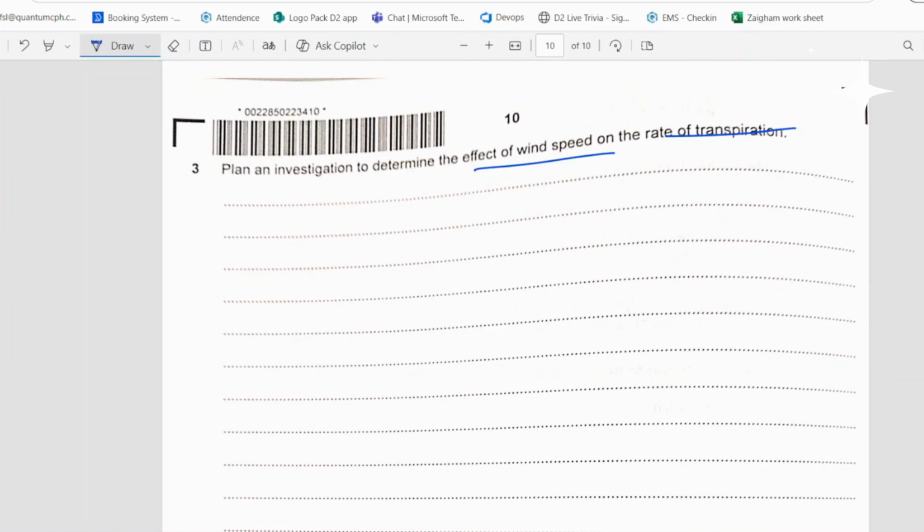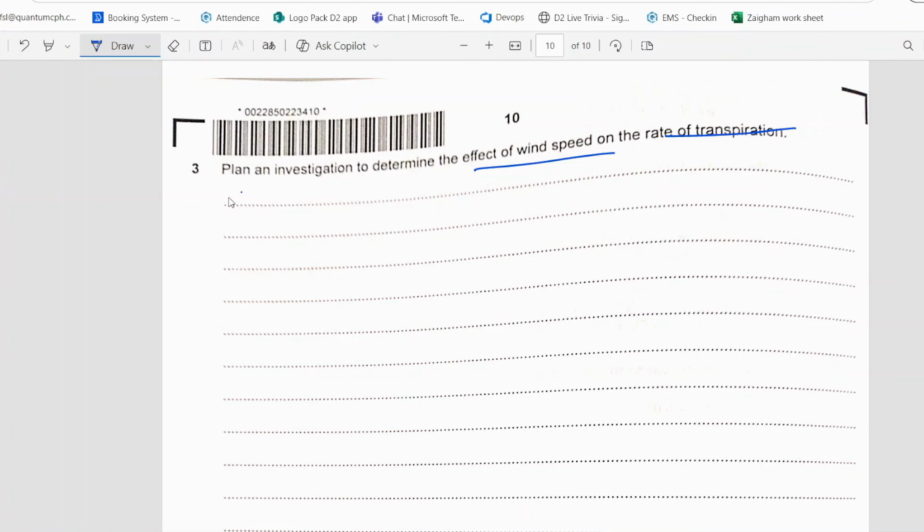Okay, so what you would do is select 3 different wind speeds. You can use a fan and put it at different distances, or you can change the intensity of the fan. Okay, the next step is how to set up a potometer. You have to take a leafy shoot.